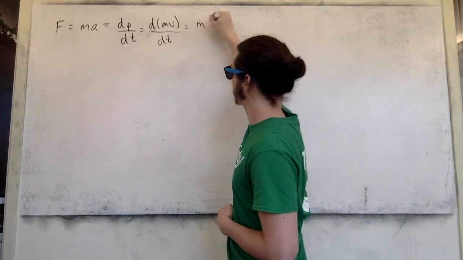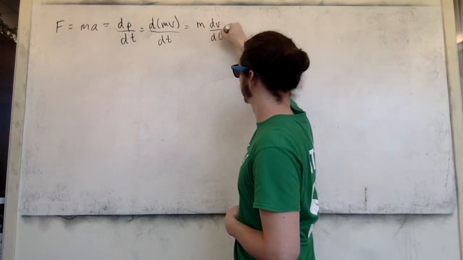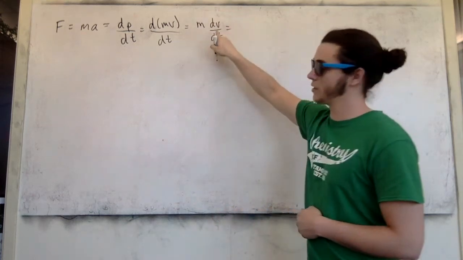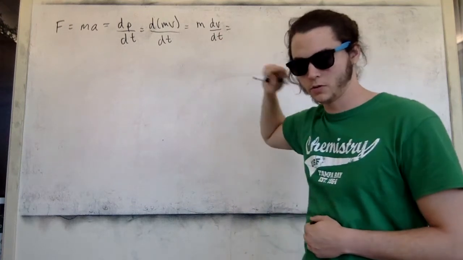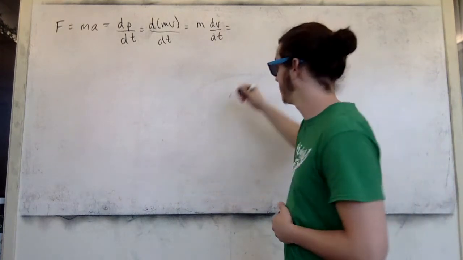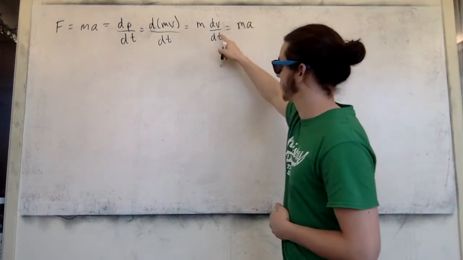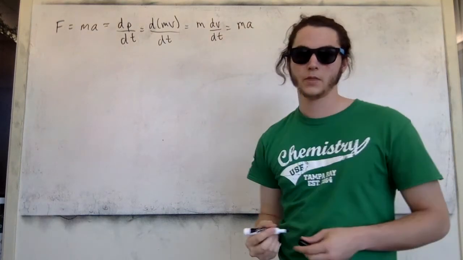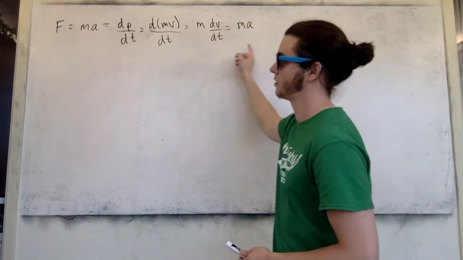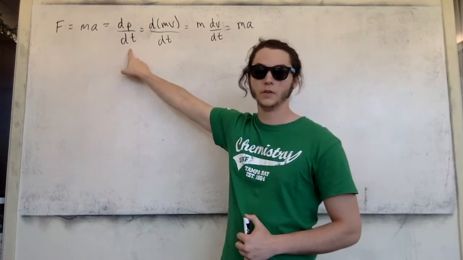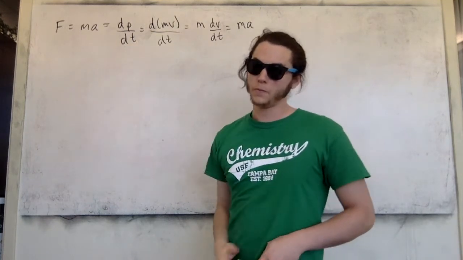If you consider the mass constant, you can arrive at this result. And then if you remember that the way velocity changes with respect to time is acceleration, you just have acceleration for that derivative. So it's ma, that is the same thing as dp/dt. So that's very useful to know.